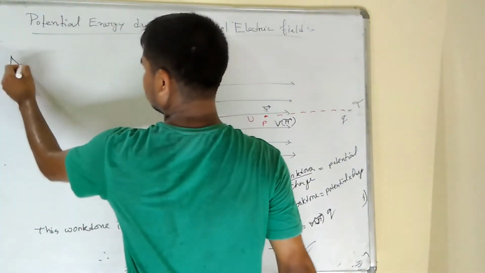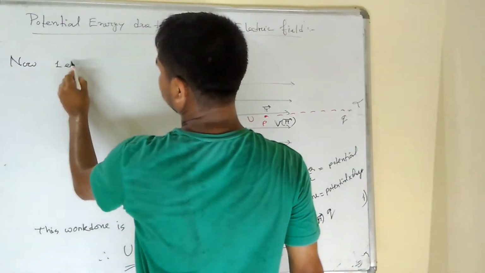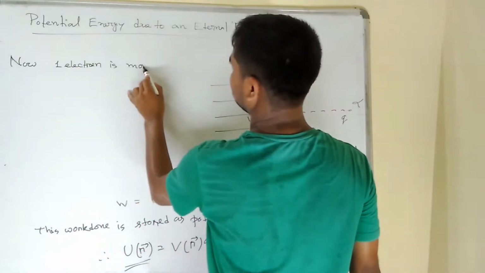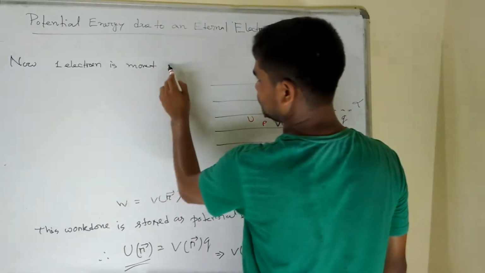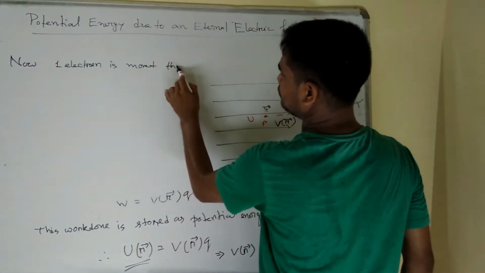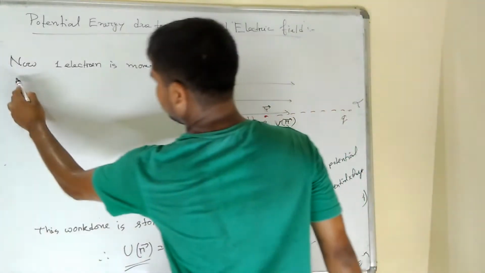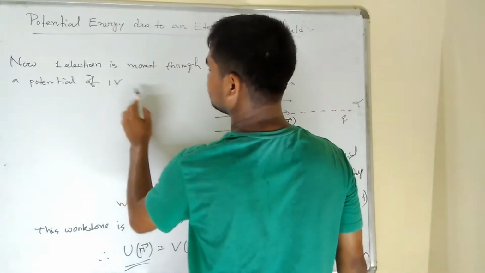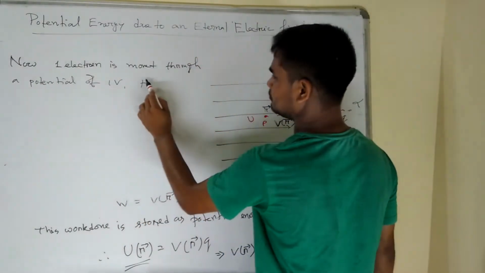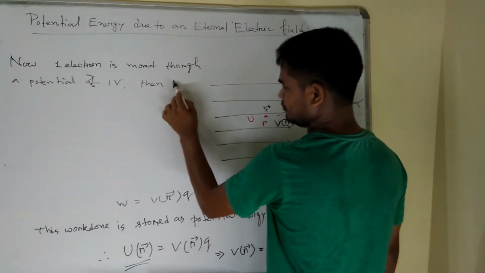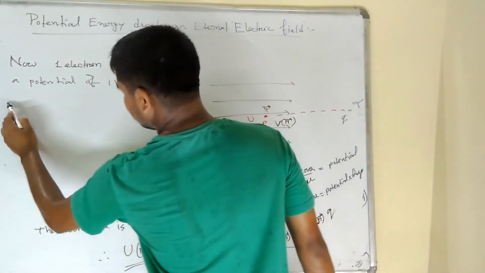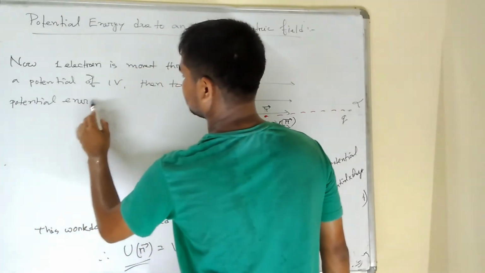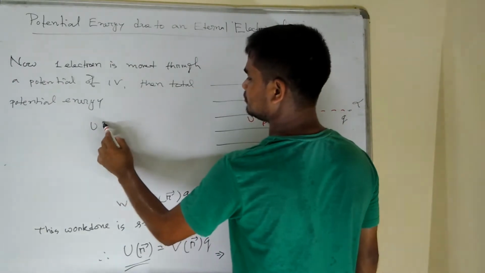Next, now one electron is moved through a potential of 1 volt. Then what will be the total potential energy U?